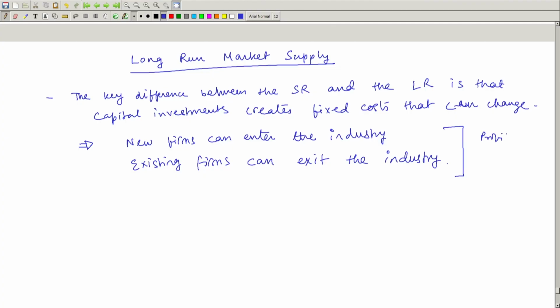So, profit will determine the entry or exit decision. And let me be more precise, it is the economic profit which is going to determine whether a firm will enter the industry or whether a firm will exit the industry.